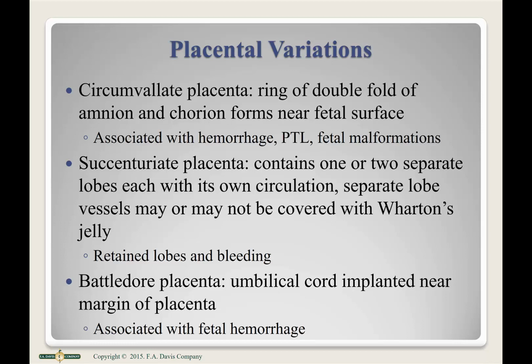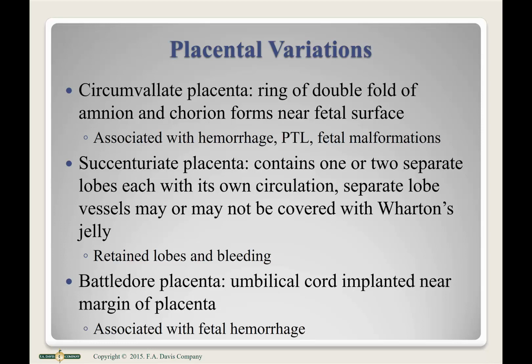Those vessels are not contained in any type of cord or Wharton's jelly, so they're at risk for rupture. Now, when the person gives birth and delivers their placenta, sometimes these extra lobes are retained, and these extra lobes do cause postpartum hemorrhage.